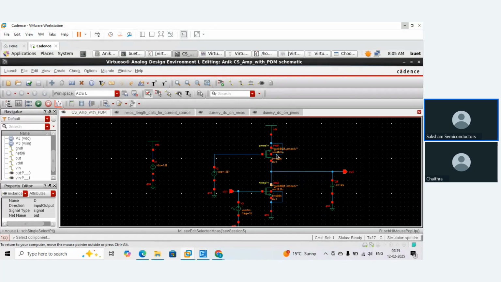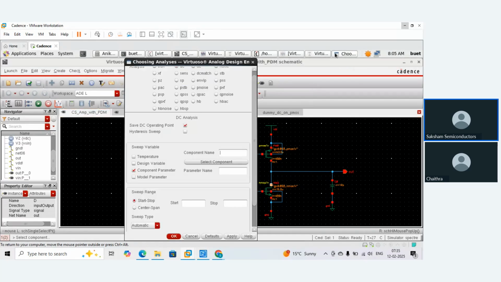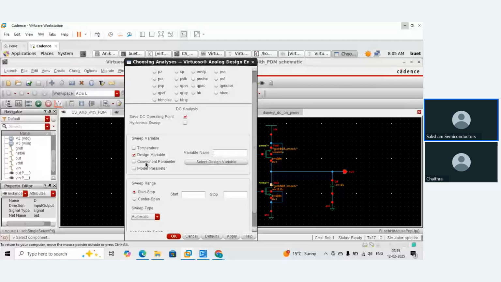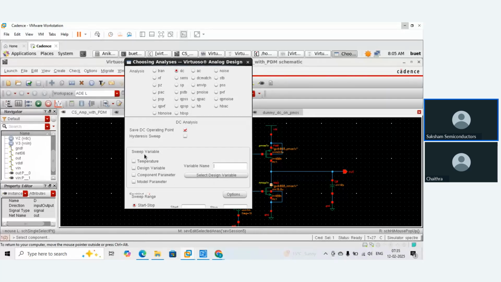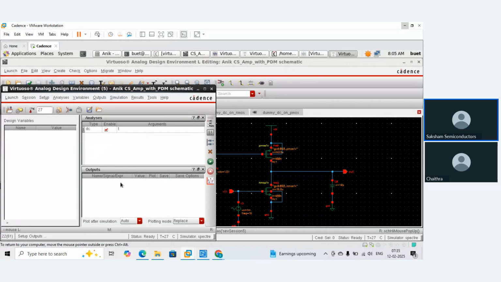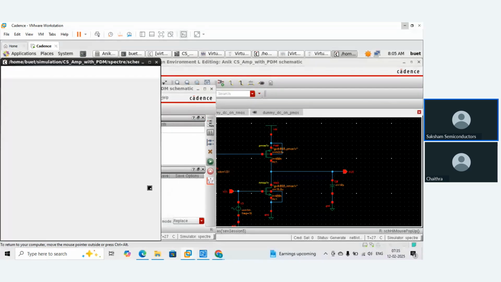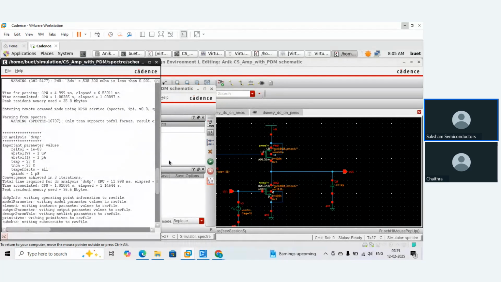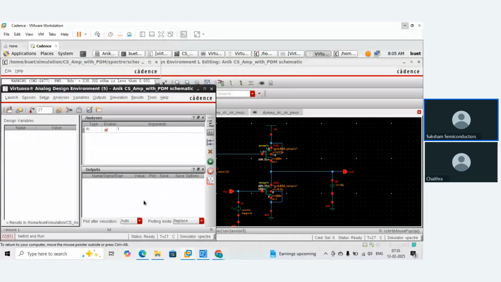Let us try to do that once. Or else let's do this one. Let's try to do some dummy DC analysis on this first. Let's run it once. For the dummy DC analysis, I'm not going to choose any outputs.